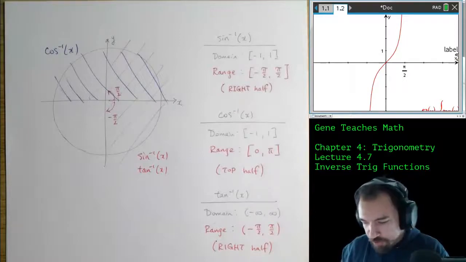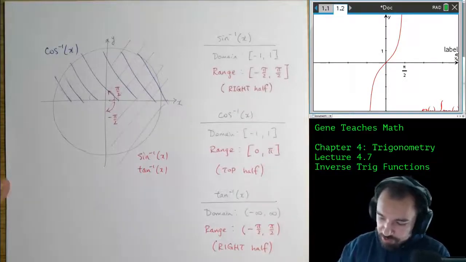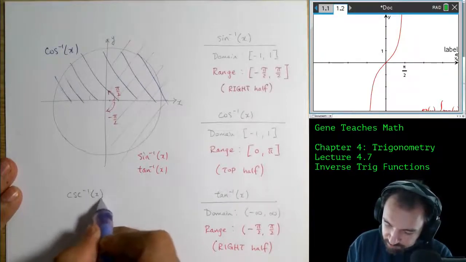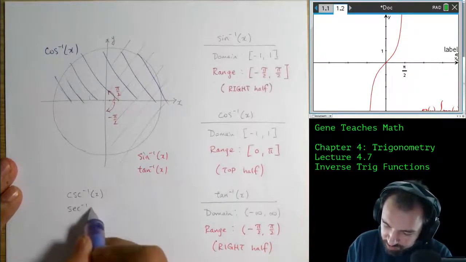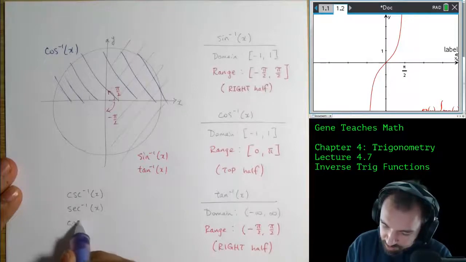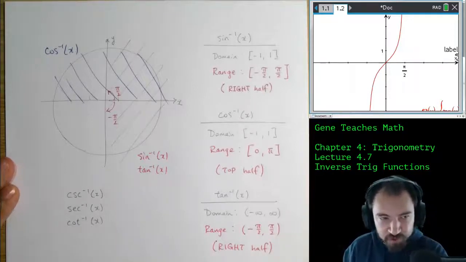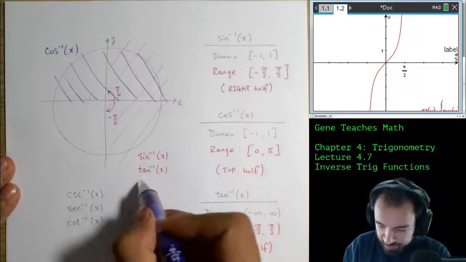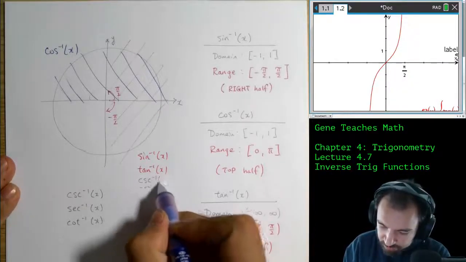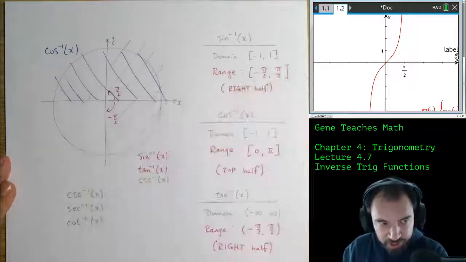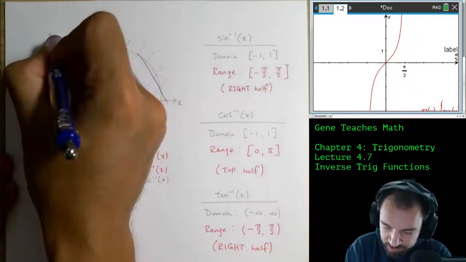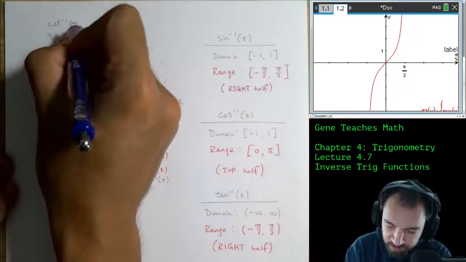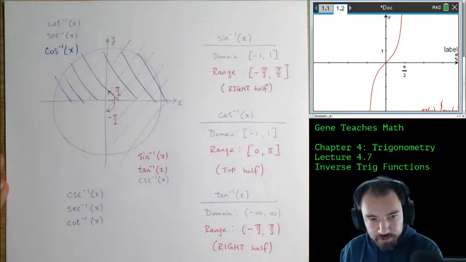Now, just for the sake of completeness, there are cosecant inverse of x, secant inverse of x, and cotangent inverse of x. And if you must know, the way we restrict these is we put cosecant inverse x on the right half of the unit circle, and we put secant inverse of x and cotangent inverse of x on the top half of the unit circle.